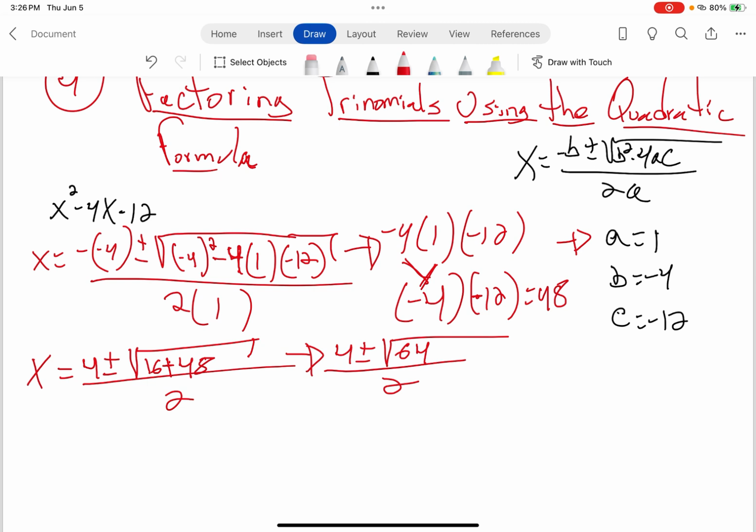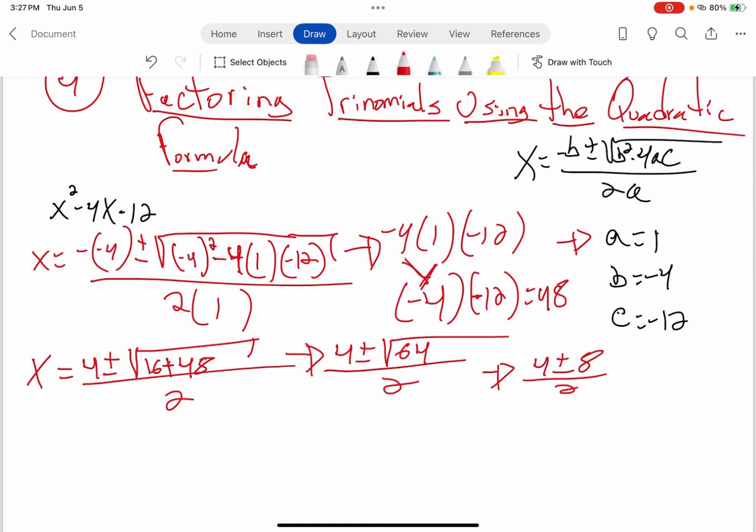Now, the next step, here we have the square root. Here we continue rewriting the 4 in the front. 4 plus minus. How much is the square root of 64? Remember, the square root of 64, you can use a calculator, is 8. And then all this divided by 2.